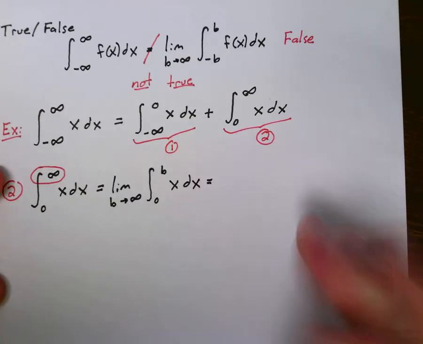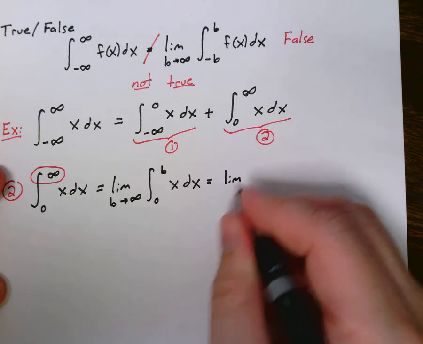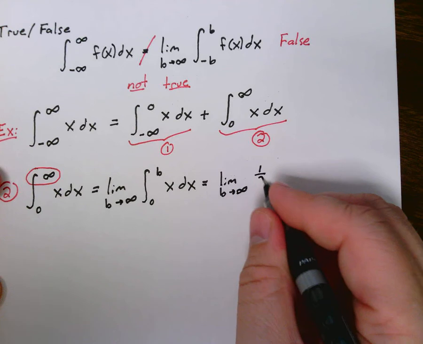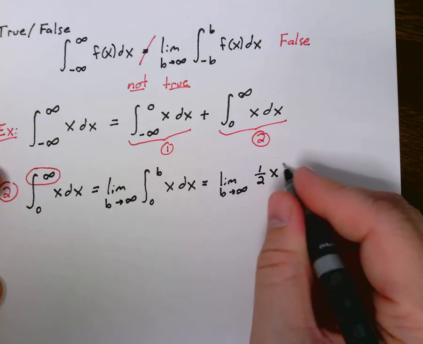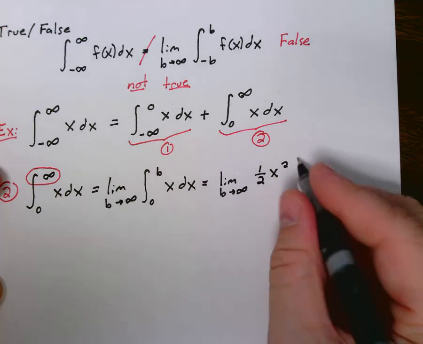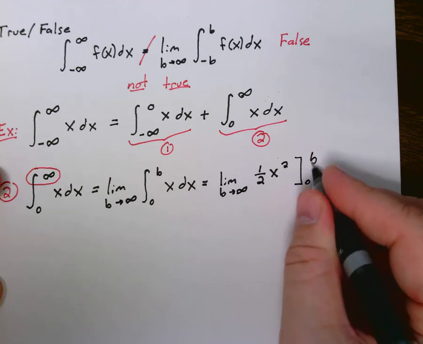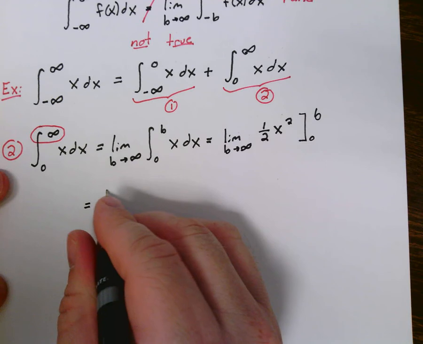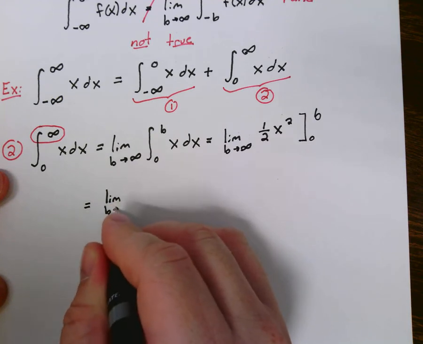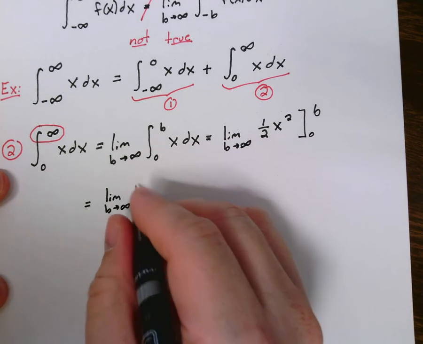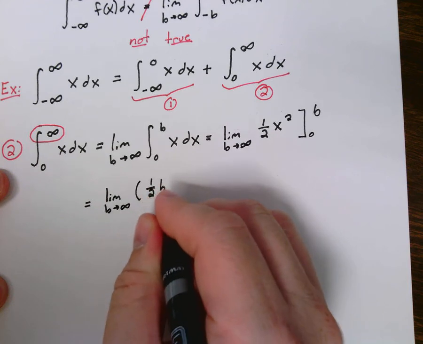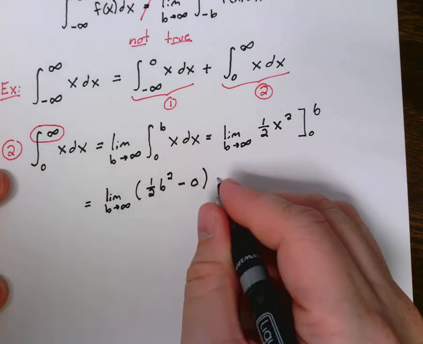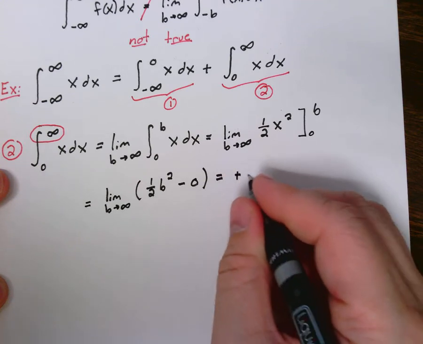Now this is going to turn into the limit as b goes to infinity of 1/2 x squared, because that's the antiderivative of x, from 0 to b. And that's going to turn into the limit as b goes to infinity of 1/2 b squared minus 0, which is of course equal to plus infinity.